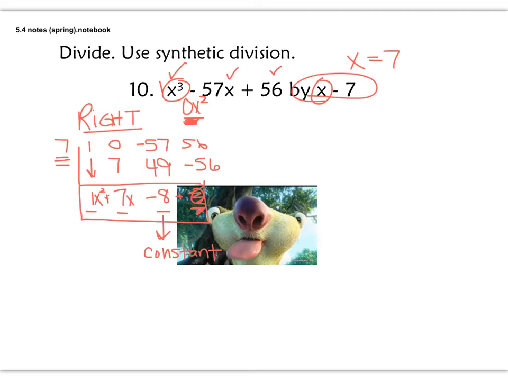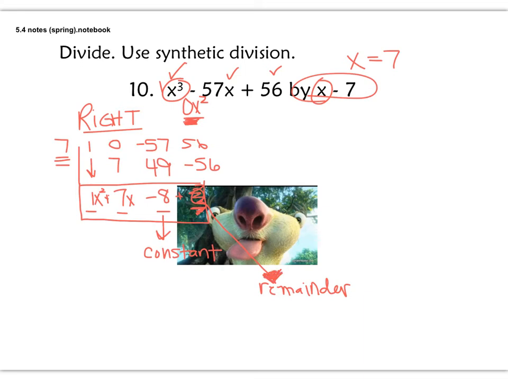And then you should always have something for the remainder. Now, I had 0 for a remainder, but there was something there. If there's not something there, you know that you forgot your 0 somewhere, okay?